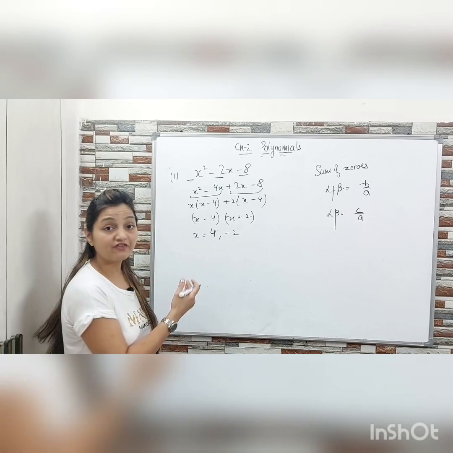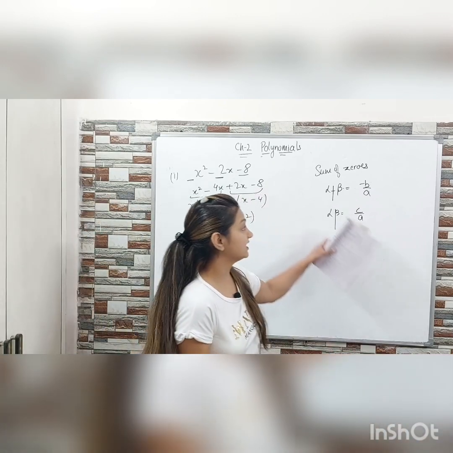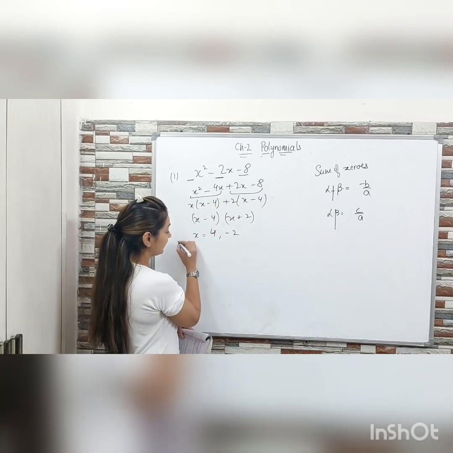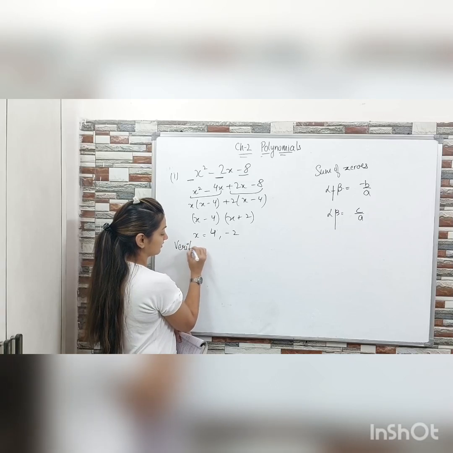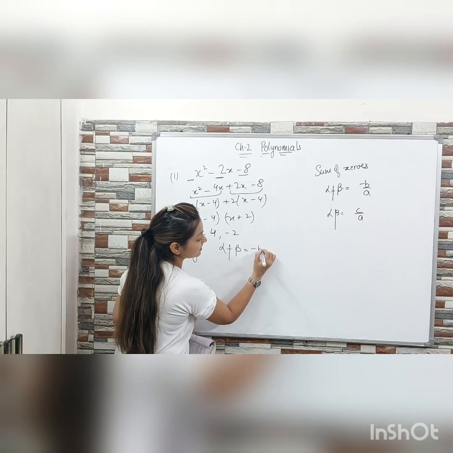Now how to verify that the answer is correct or not? We will verify by these two formulas. First of all, alpha plus beta is minus b upon a.